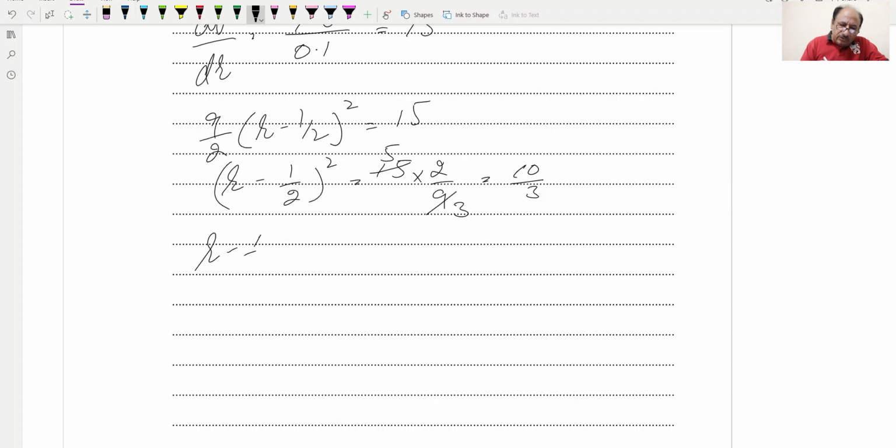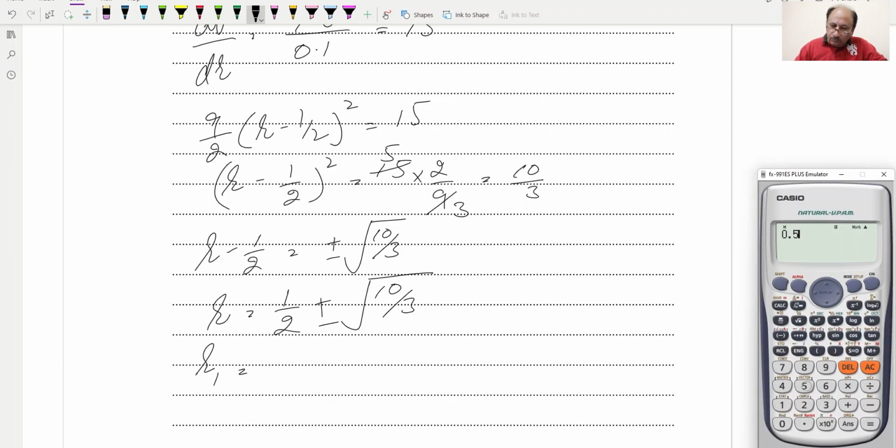Now r minus 1 by 2 will be equal to plus or minus the square root of 10 over 3, and we can shift the 1 by 2 to the other side, so r will be equal to 1 by 2 plus or minus the square root of 10 over 3. If we check the r values, r1 will be positive. We can take the positive value, 0.5 plus the square root of 10 over 3, which is equal to 2.3257, or we can write 2.33.